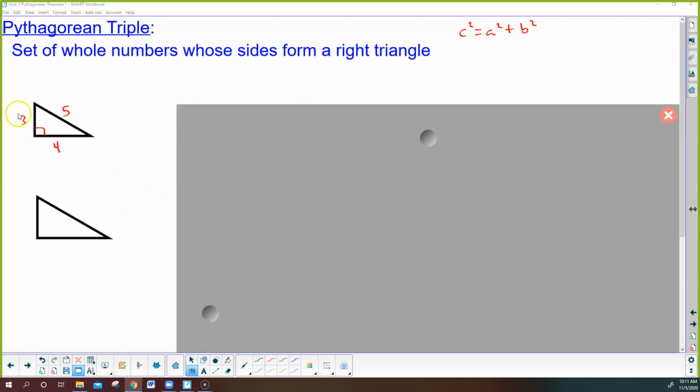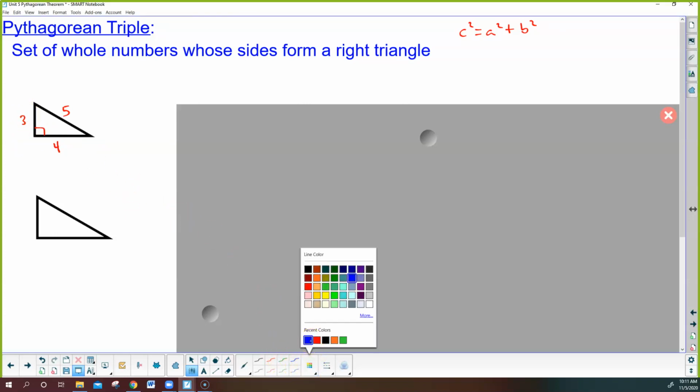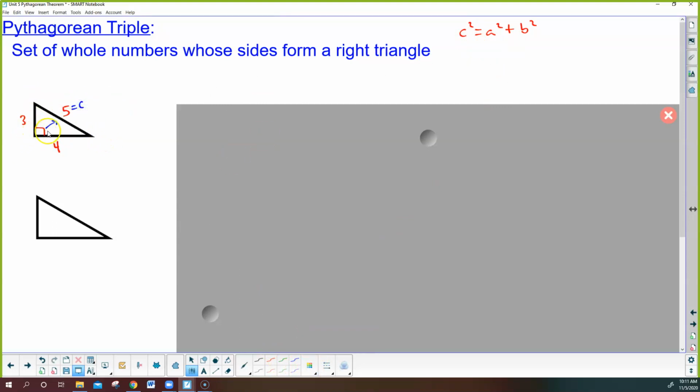So if I set this up and use the Pythagorean theorem, I just want to quickly prove, C has to be the longest side, the side opposite the 90-degree angle.